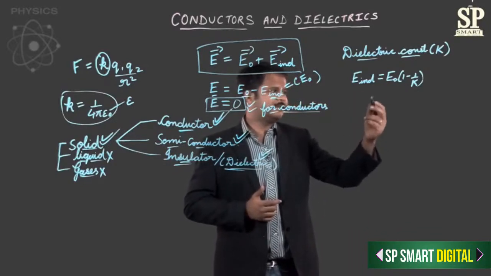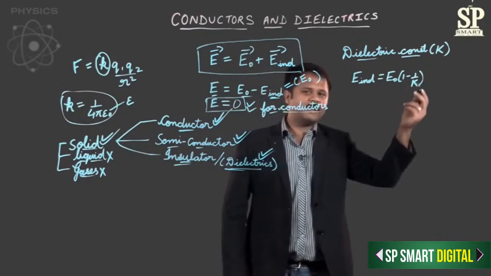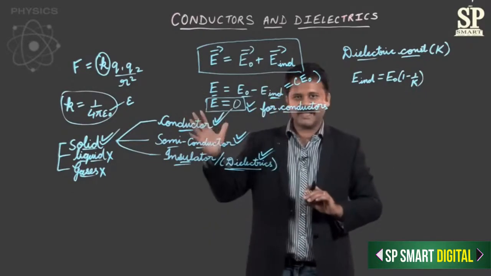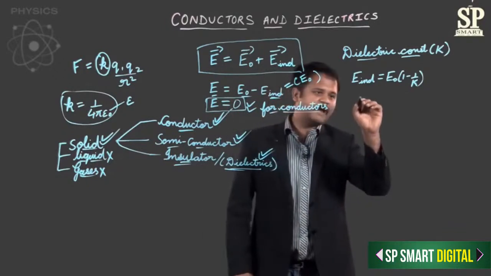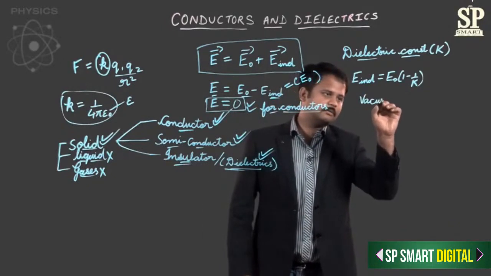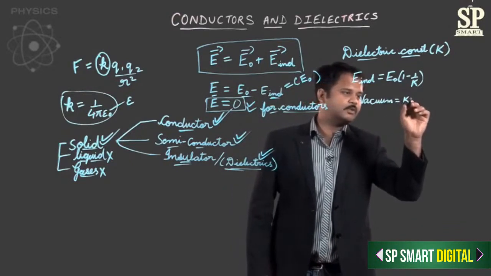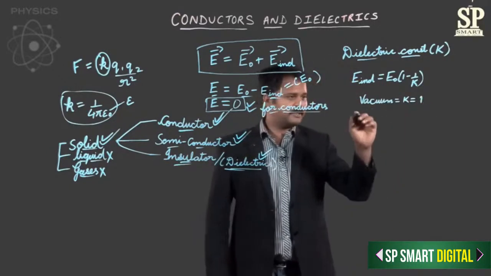In that case, the result that you get is E induced is equal to E naught times 1 minus 1, which is 0. There is no induced electric field, there is only this external electric field. So we've got this limit for vacuum. We have K equals 1 and hence no induced electric field.